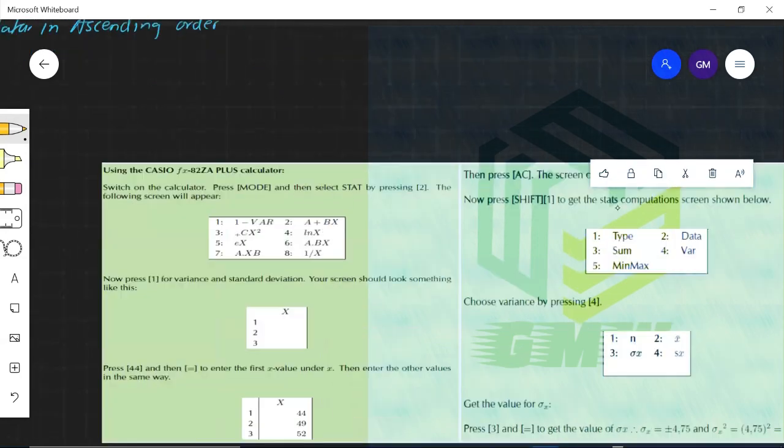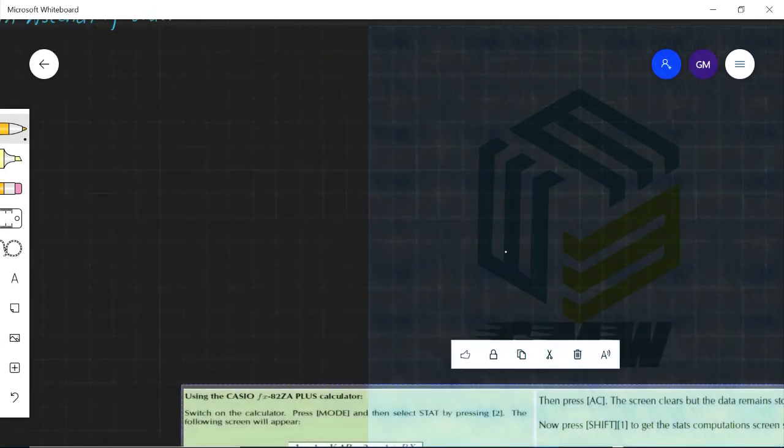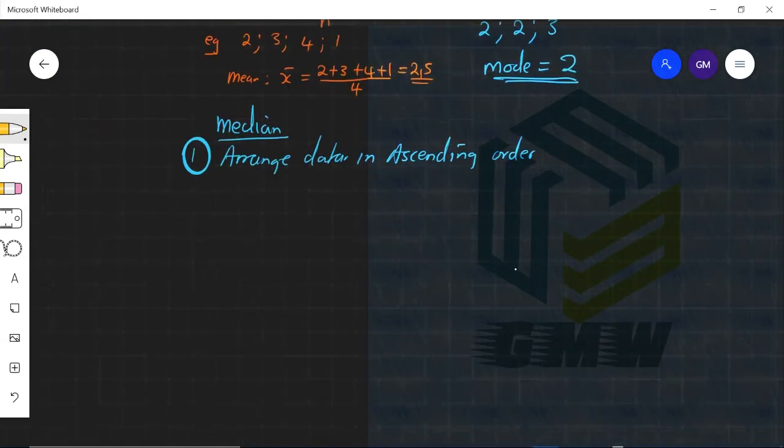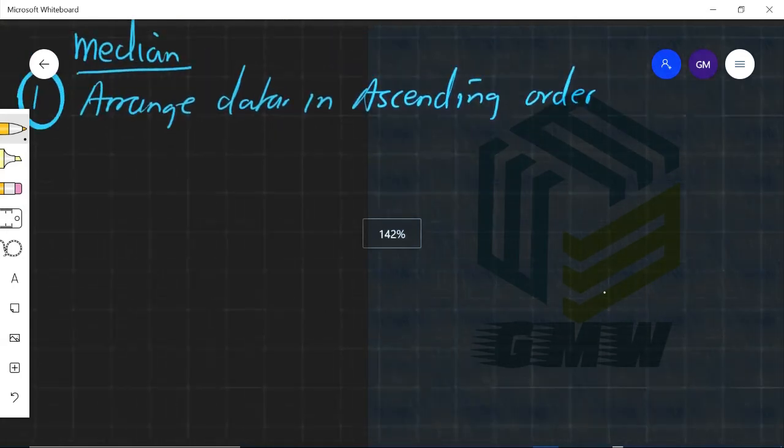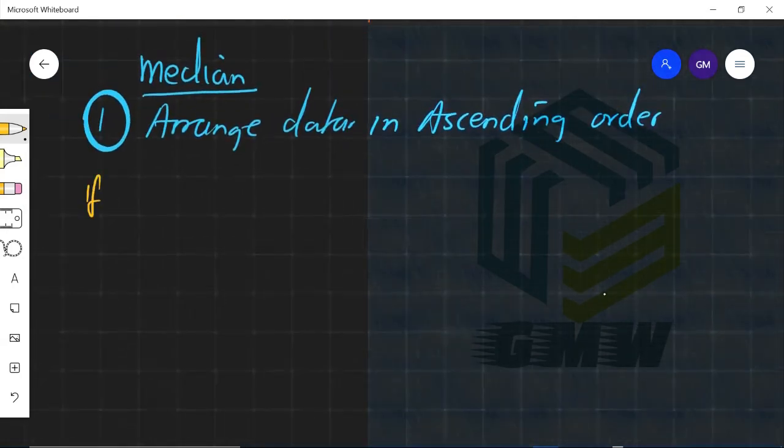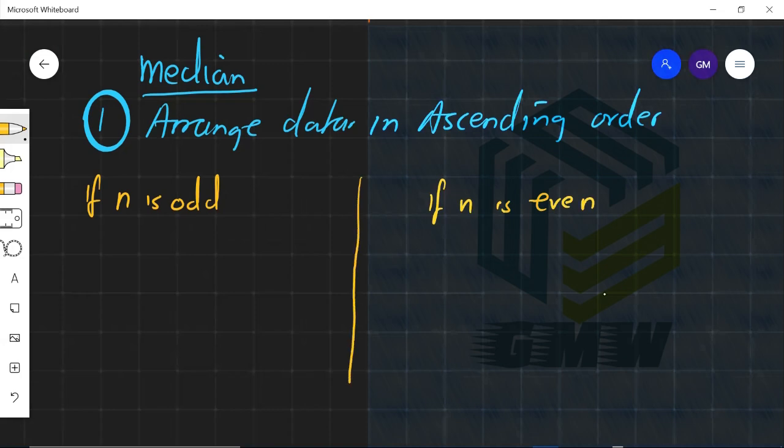Then there are things that we need to know: if n is odd, and something else happens if n is even, okay? Where n represents the number of data points.